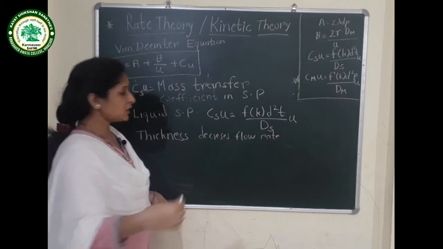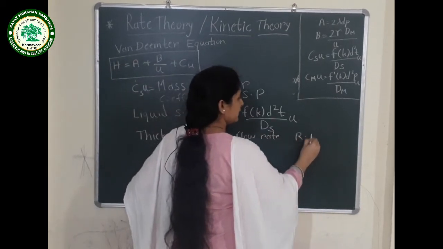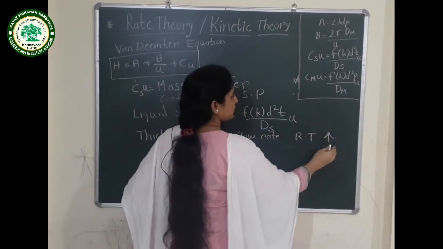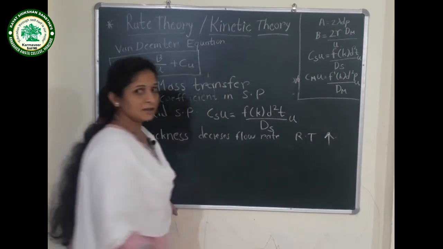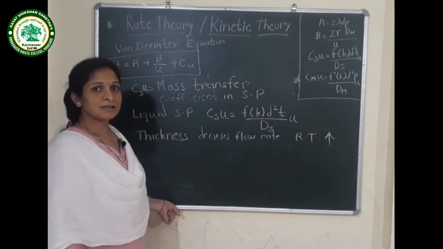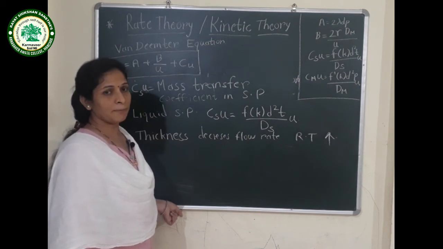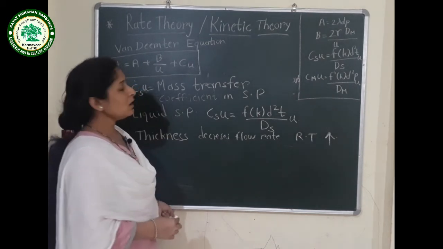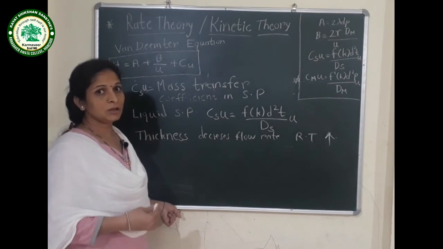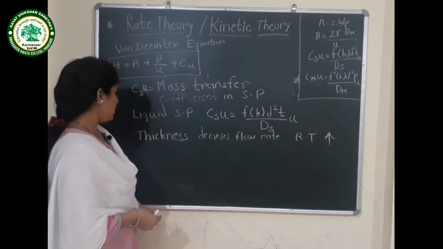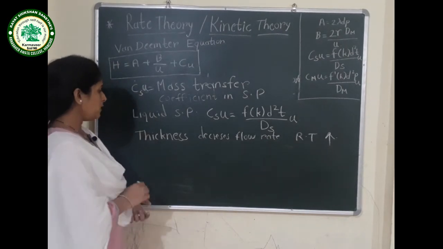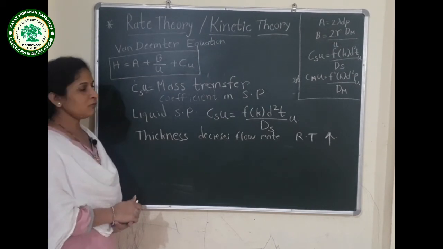Therefore, retention time will increase. Due to this increase in retention time, the separation requires a large time. Due to this, what happens? We obtain a broad band due to this long retention time, and that's why we have to use a thin film.